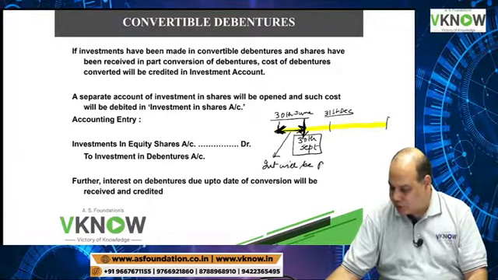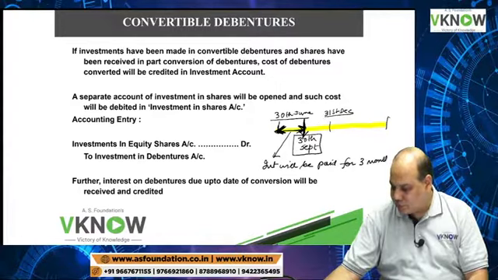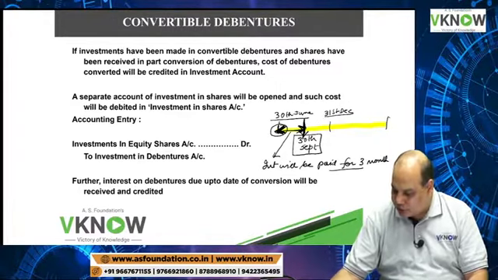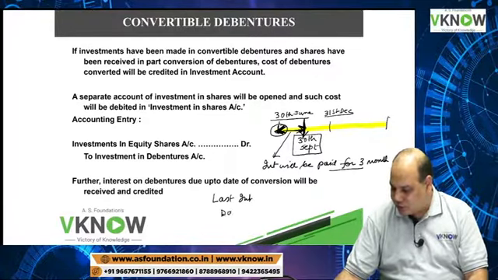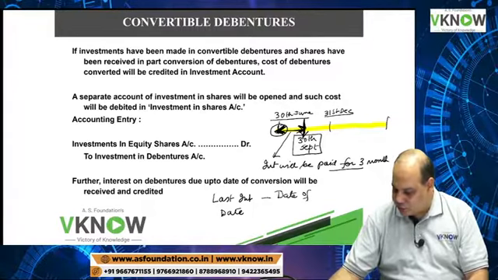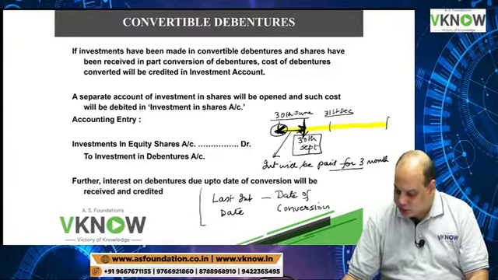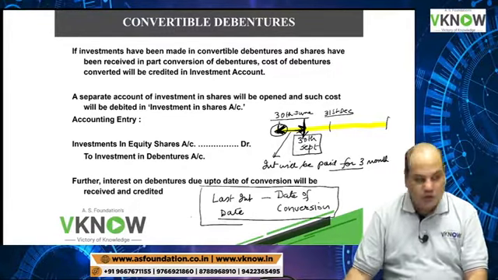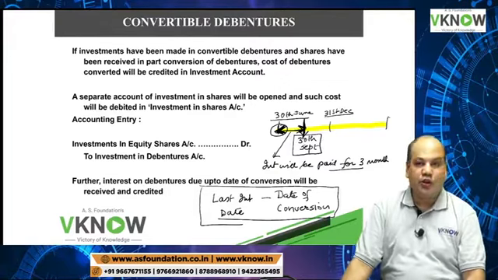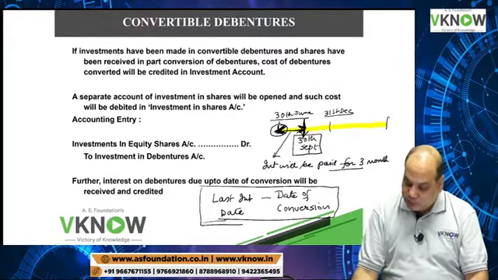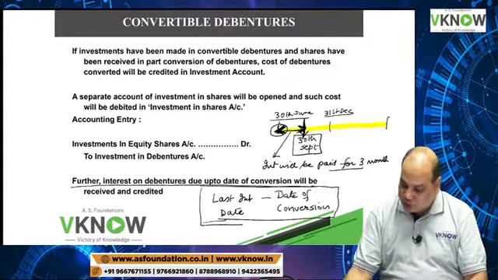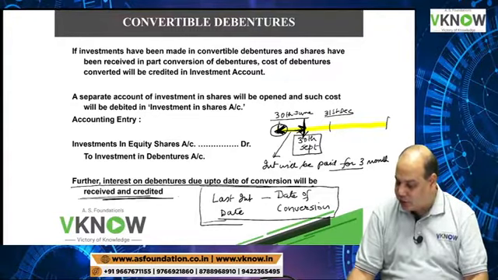From the last interest payment date till the date of conversion, debenture holders are entitled to interest, so interest will be paid. Further, interest on debenture up to the date of conversion will be received and credited.